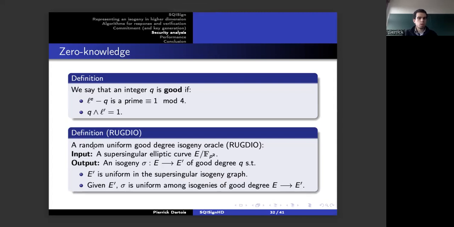The oracle, the random uniform good degree isogeny oracle, RUGDUO, takes as input a supersingular elliptic curve and outputs an efficient representation of an isogeny which has good degree and is sufficiently random for E prime, the codomain, to be uniform in the supersingular isogeny graph, and for the conditional distribution of sigma given E and E prime to be uniform among good degree isogenies from E to E prime.